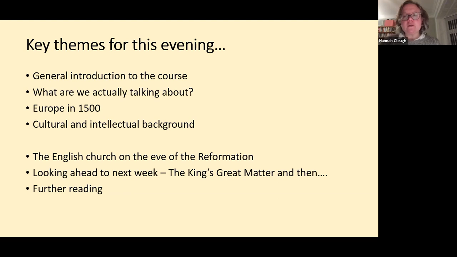When I talk about the Reformation, I'm referring broadly to the process of religious change that the Western Church experienced in the course of the 16th and 17th centuries. But I've already spoken about reformations, because the Reformation was not one thing, one monolithic process. So we'll nuance it a bit.